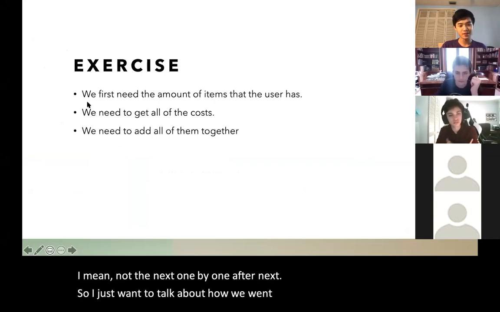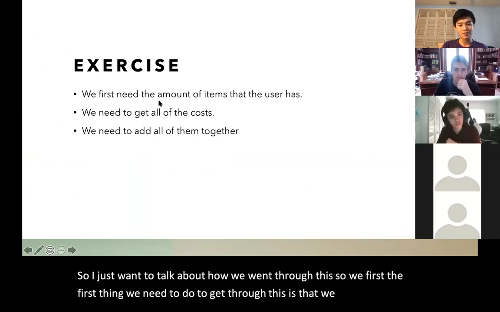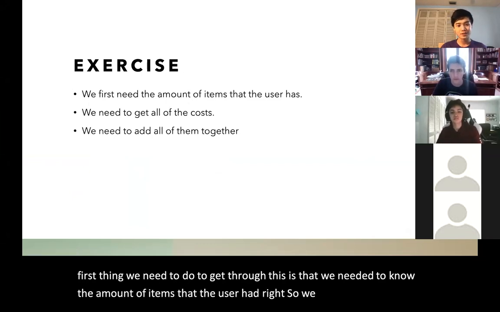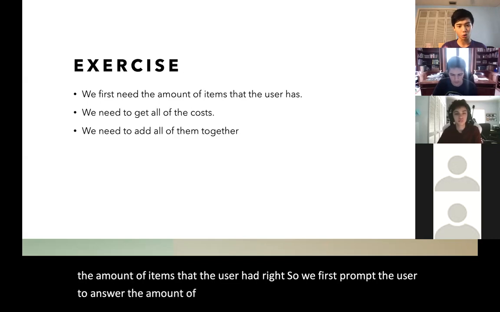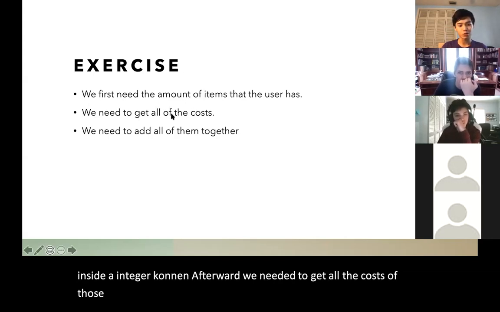So the first thing we needed to do to get through this is that we needed to know the amount of items that the user had, right? So we first prompt the user to enter the amount of items, and we stored that number inside an integer called n. Afterward, we needed to get all the costs of those items. So we just created a for loop.